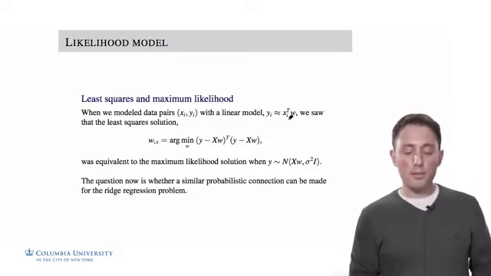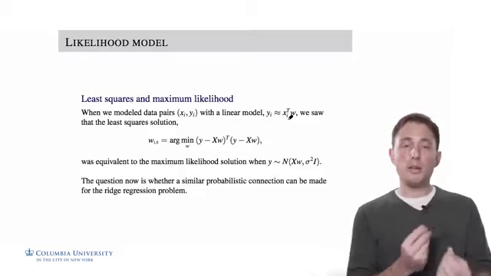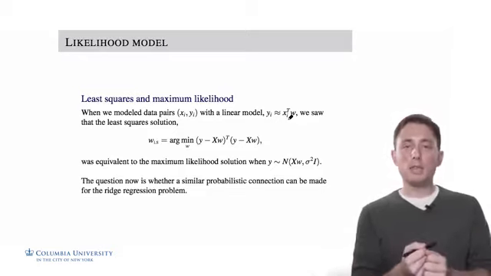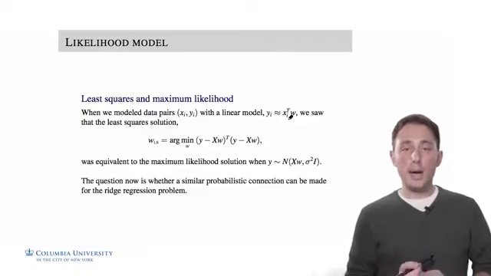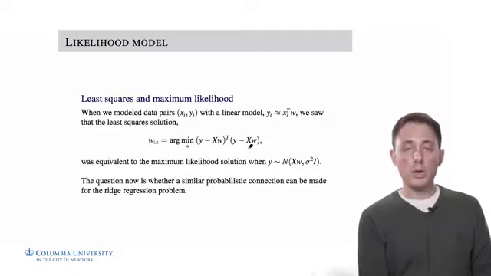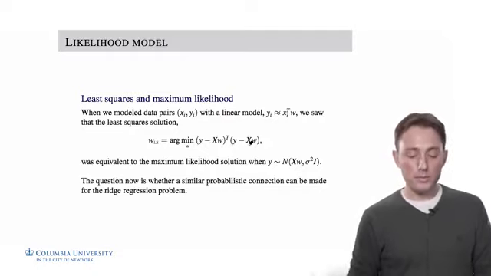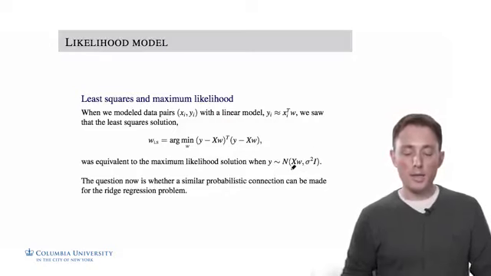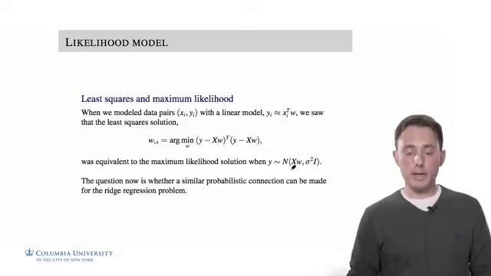And we saw that if we put the values y_i into an n-dimensional vector y, and we stack the vectors x_i along the rows of a matrix capital X, the least squares solution, which is the value of w that minimizes the sum of squared errors, which is what this is equal to, was equivalent to the maximum likelihood solution for this model, where we assume that y is generated from a multivariate Gaussian with mean equal to Xw and covariance equal to sigma squared I.